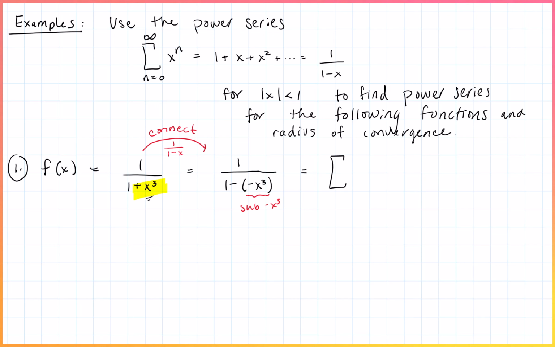So that would be equal to, and I'm going to circle that equals real quick. I can substitute that into the power series representation for 1 over 1 minus x.